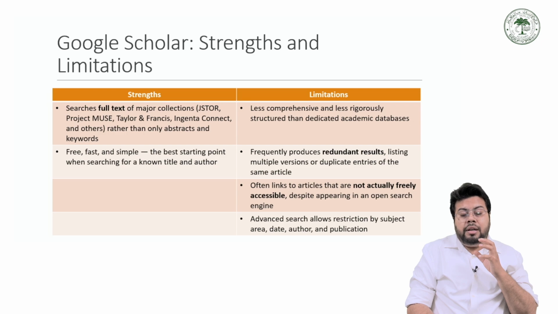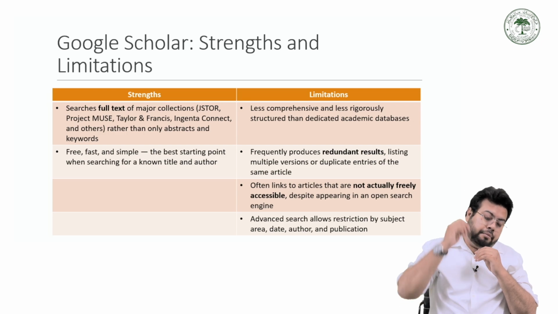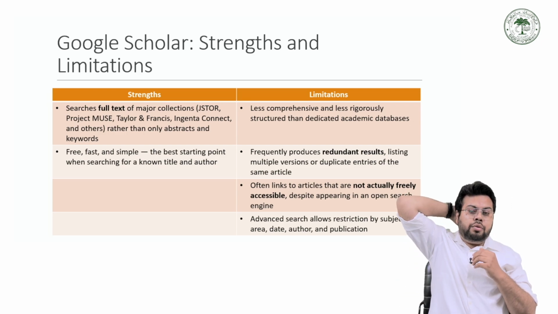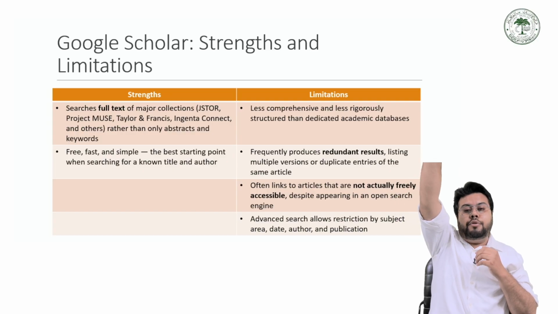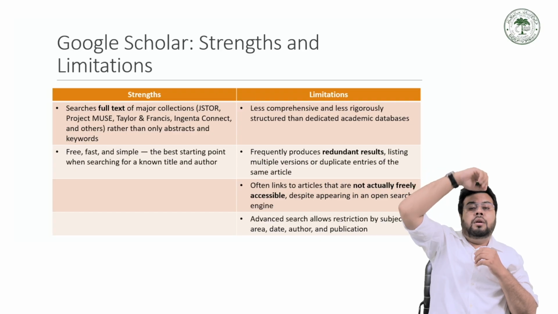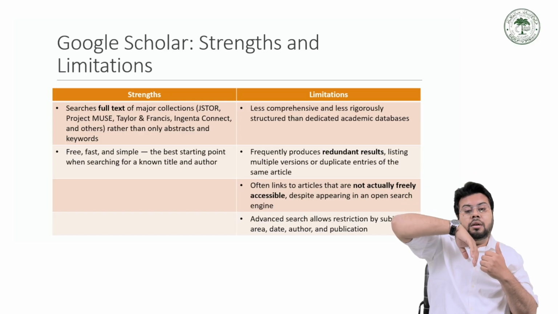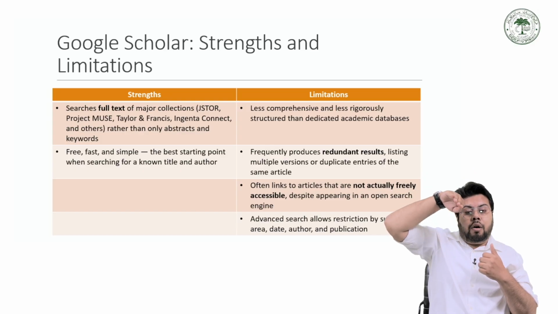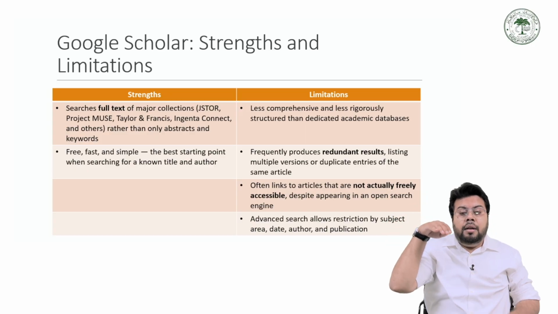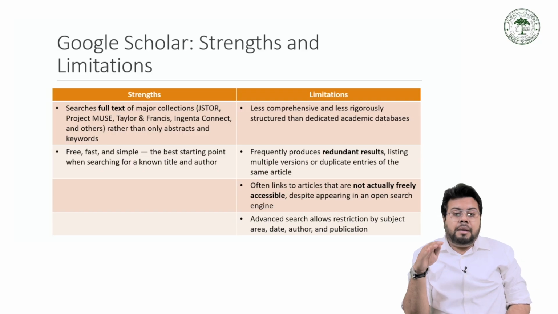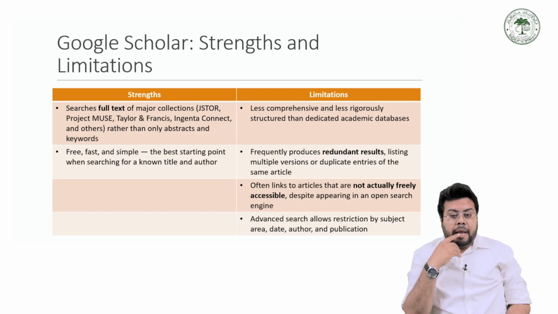But I want to gently push back on the assumption that Google Scholar is good enough on its own. It isn't as rigorously structured as ISI Web of Science or Scopus, which means you will often see the same article listed multiple times, sometimes as a preprint and sometimes as the published version.